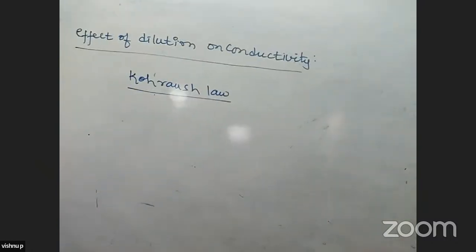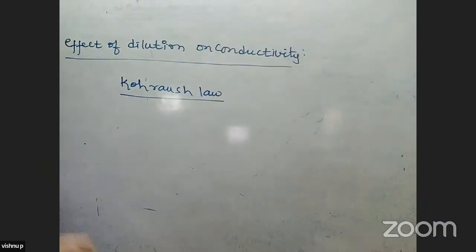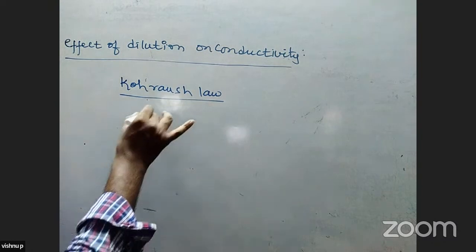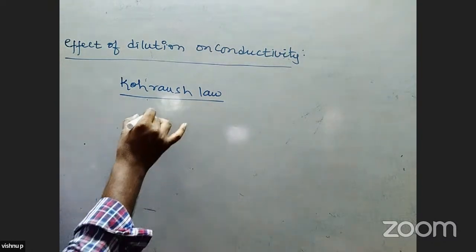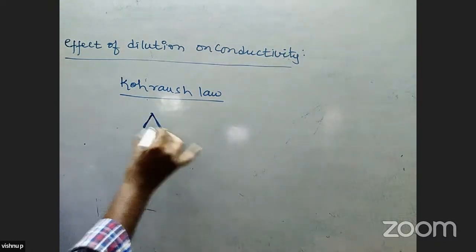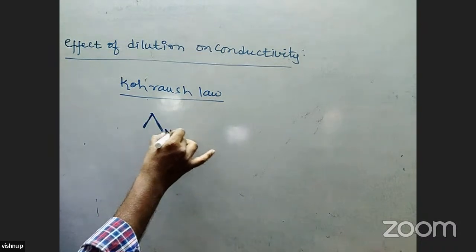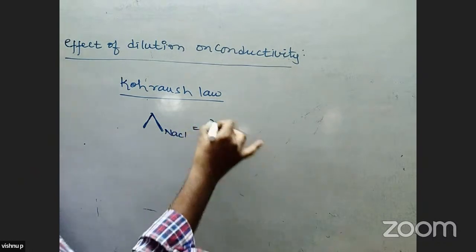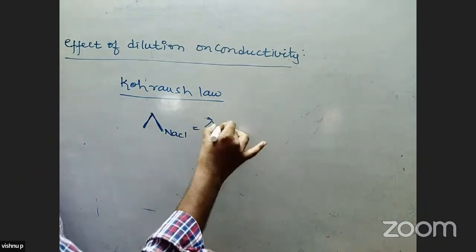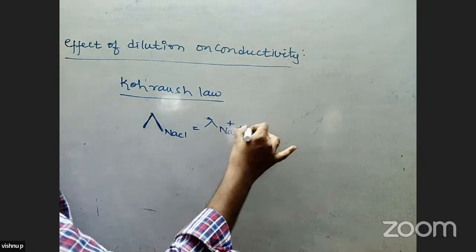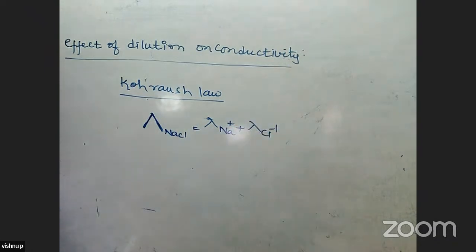According to Kohlrausch law, which is mainly applicable to find out the conductivity of weak electrolytes, the conductivity of any electrolyte, take NaCl, is equal to the conductivity of sodium ions plus the conductivity of Cl minus.